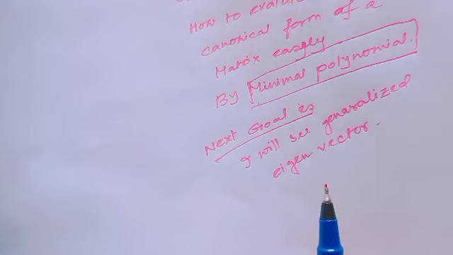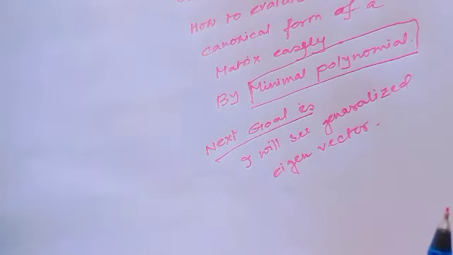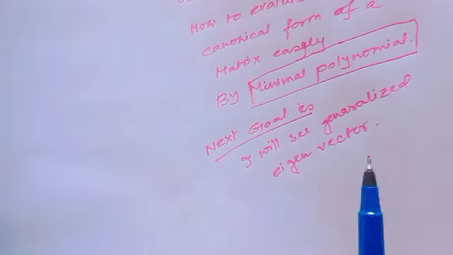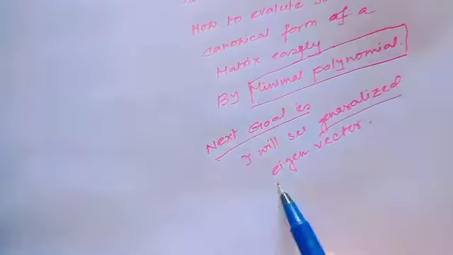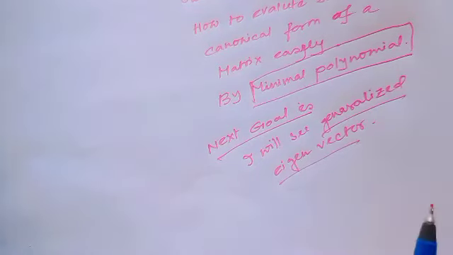But otherwise, when the matrix is not diagonalizable, the eigenvectors corresponding to the eigenvalue are not all linearly independent. Then we will see these eigenvectors as generalized eigenvectors. And today's goal of this lecture is to see what the actual generalized eigenvector is.